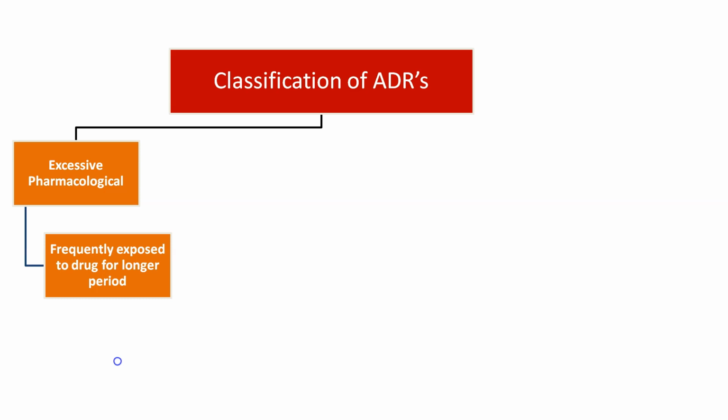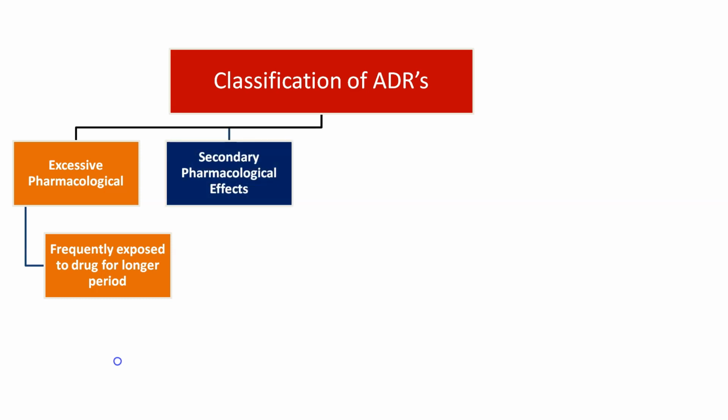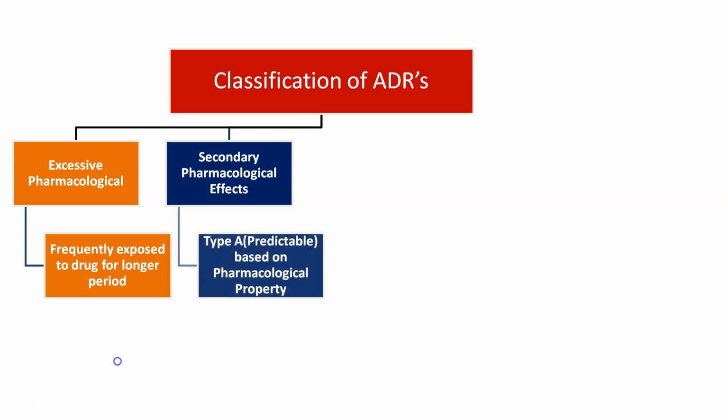That may result in excessive pharmacological effects. The second one we have studied is secondary pharmacological effects. These are said to be type A, which is predictable, where the reactions can be predicted based on the pharmacological property. Those reactions are called type A adverse drug reactions, from the secondary pharmacological effects.